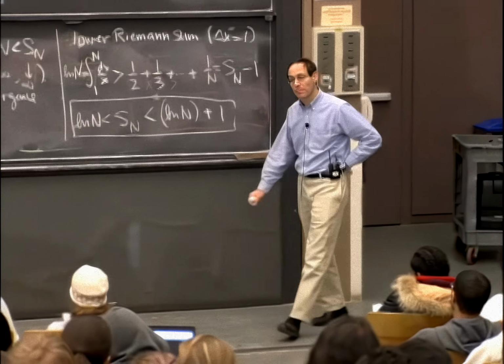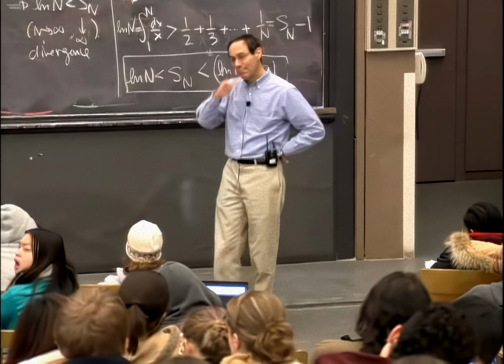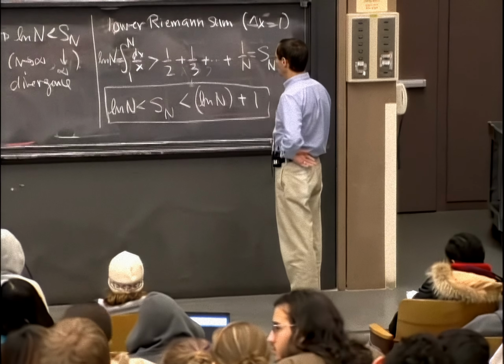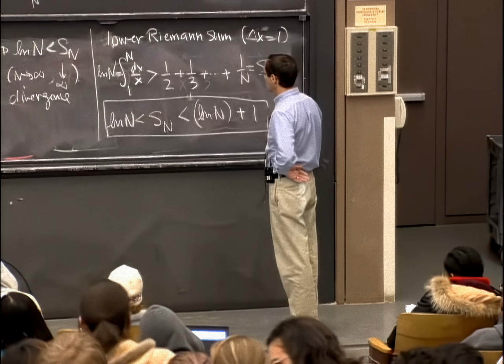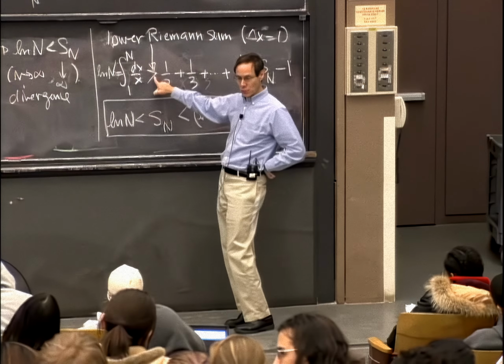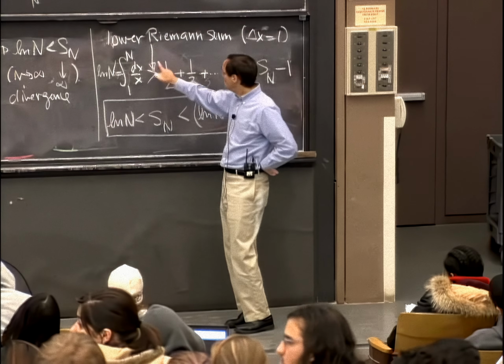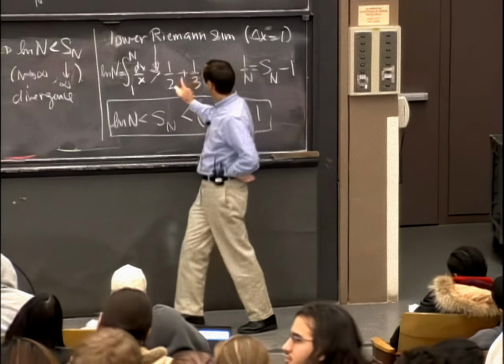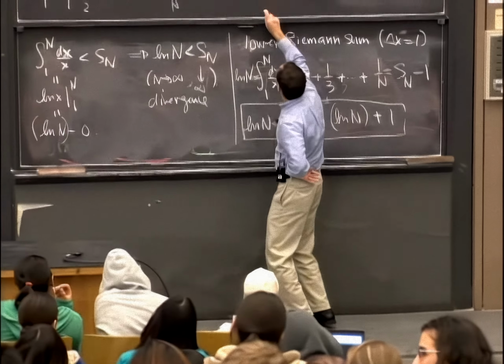Yeah, question? How did you set up this last inequality with the integral being greater than Sn minus 1? How did you know it's greater immediately? This step here is the step that you're concerned about. So this step is a geometric argument which is analogous to this step.